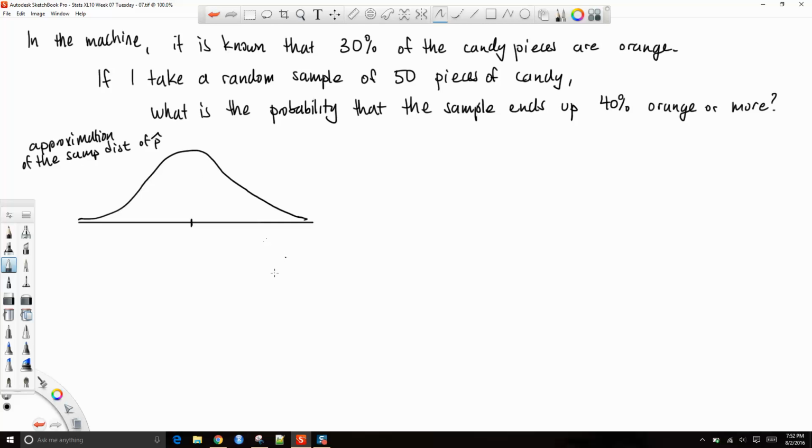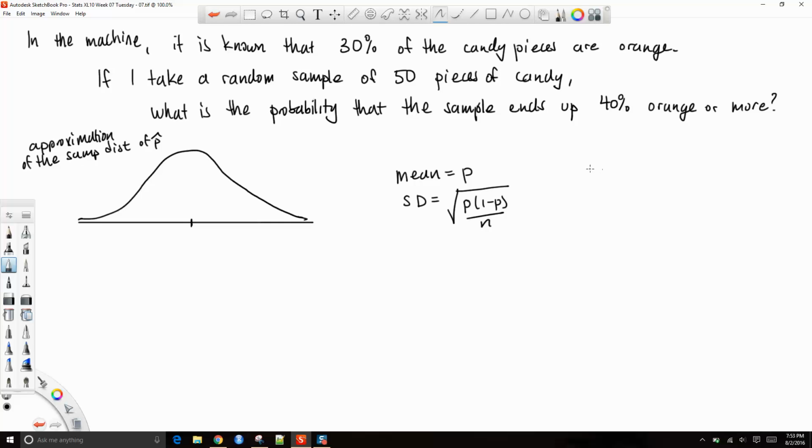So when we approximate this sampling distribution of p hat, we're going to say that the mean is equal to p and the standard deviation is equal to the square root of p times 1 minus p over n. So this should be in your notes, right before you wrote this.